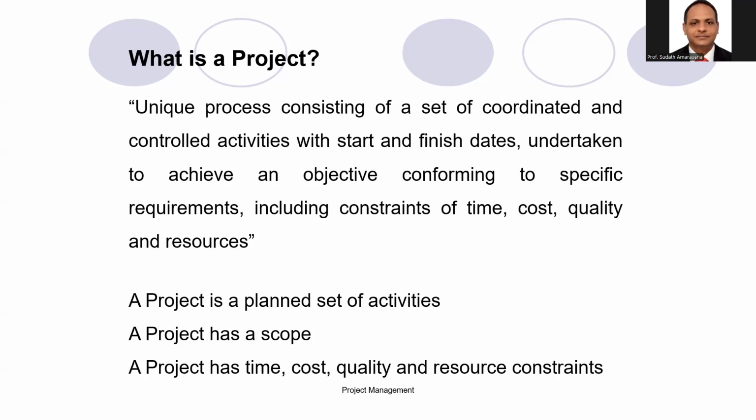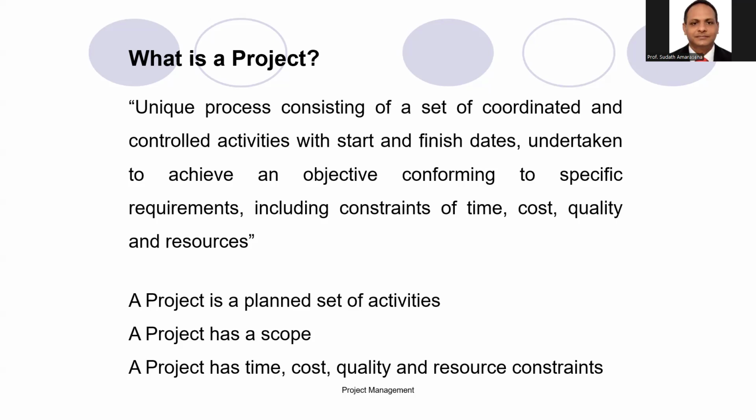I think it is not necessary that everybody knows, so you can see the definition: a unique process consisting of a set of coordinated and controlled activities with start and finish dates, undertaken to achieve an objective conforming to specific requirements, including constraints of time, cost, quality, and resources.